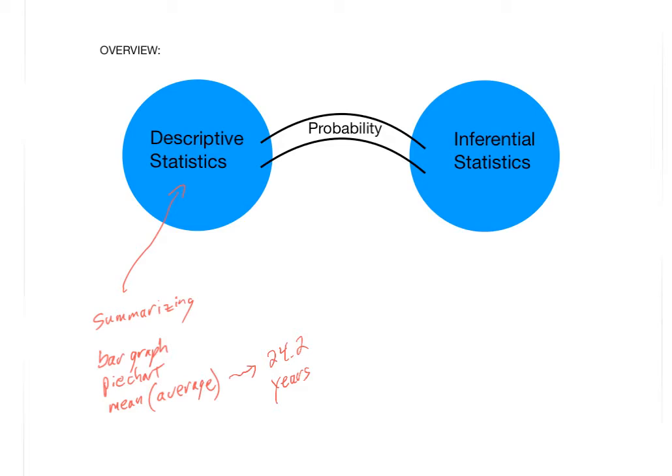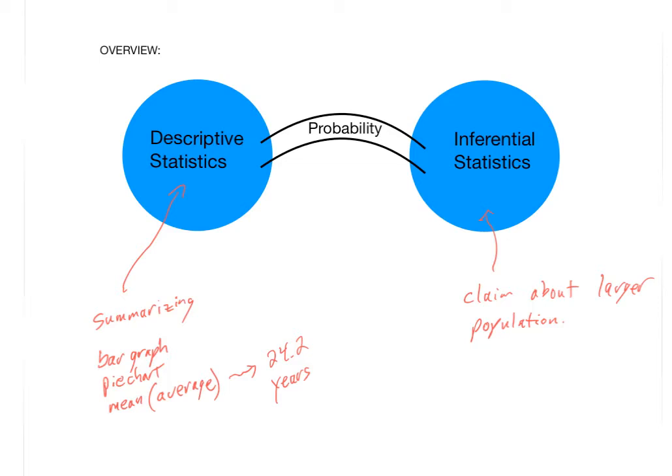So you're going to try to make a claim from those 15,000 students about the several million students attending college in the US. Anytime you're doing that sort of stretch where you're making a claim about the larger population, you are then working in the world of inferential statistics. So anytime you make a claim about a larger population from a smaller set of data, you are doing inferential statistics.